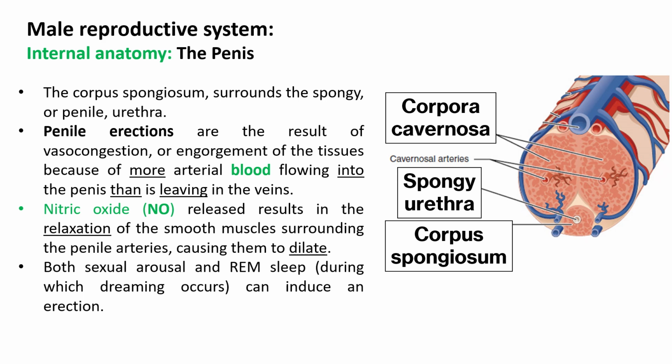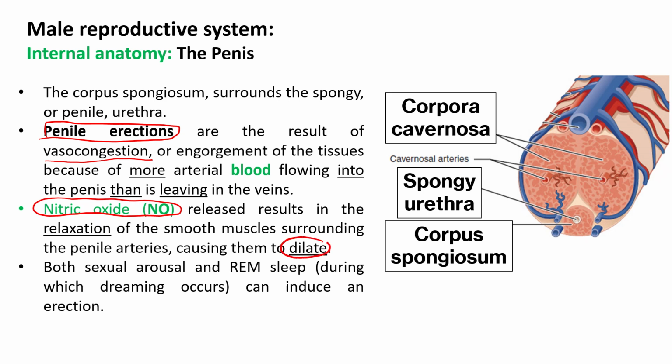What we call the penile erection is the result of vasocongestion, meaning there is an accumulation of blood flow. Everything starts with the release of a chemical called nitric oxide. Nitric oxide is a vasodilator. So this is important.